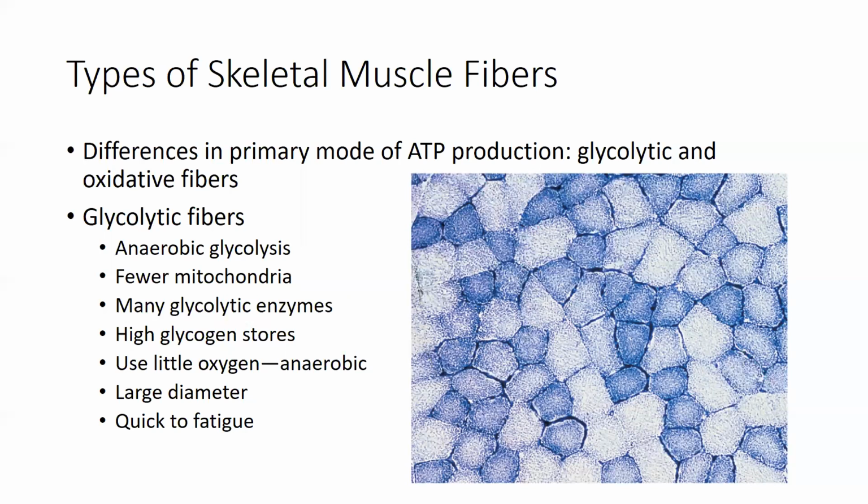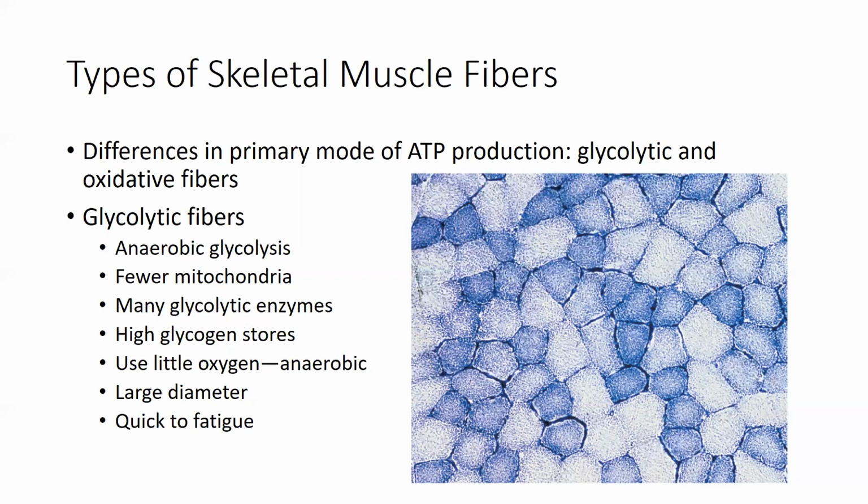Why would anaerobic or glycolytic fibers have fewer mitochondria? Good, thank you. That's the site of oxidative phosphorylation. We don't need that organelle in excess here because we are not primarily depending on oxidative phosphorylation for ATP. Okay, so we have fewer mitochondria here.